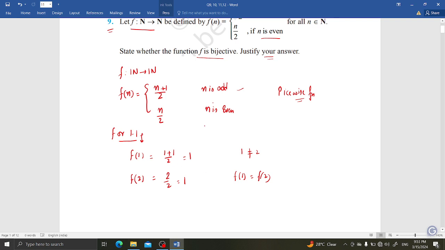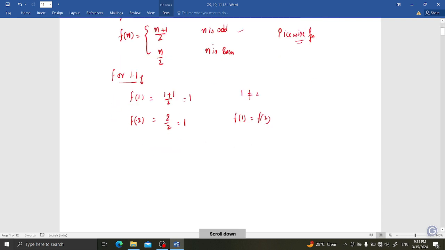There are more such cases; f of 3 and f of 4 do the same thing. We observe that different elements of the domain set have the same image.